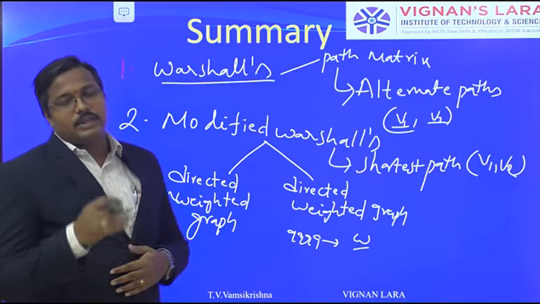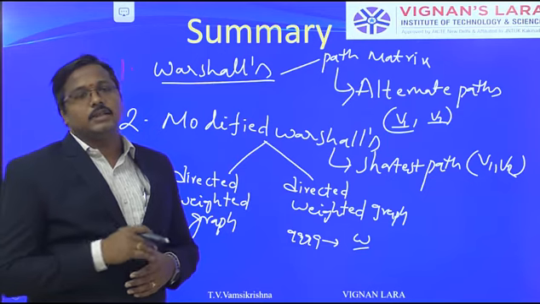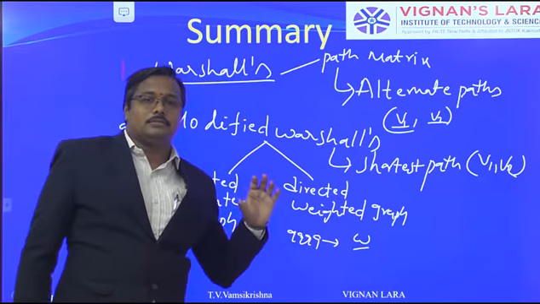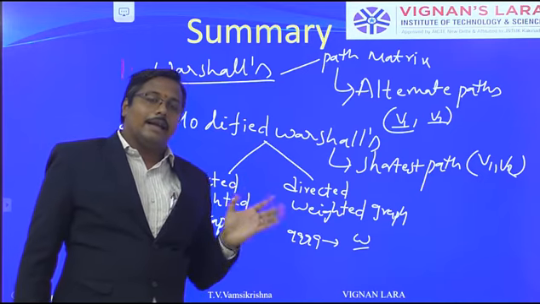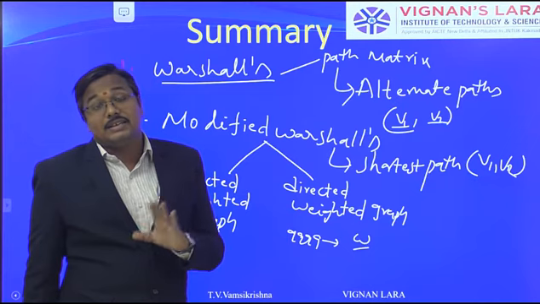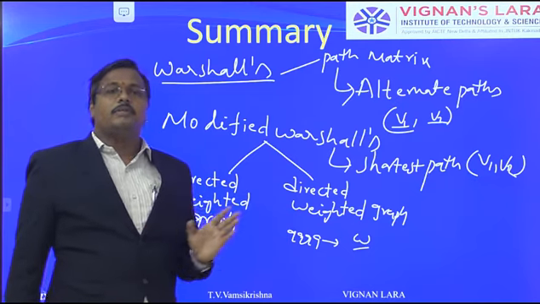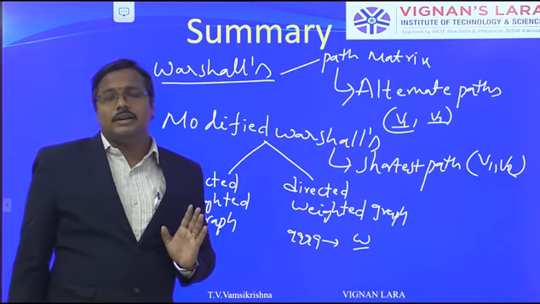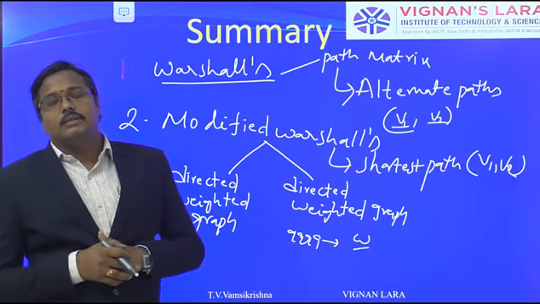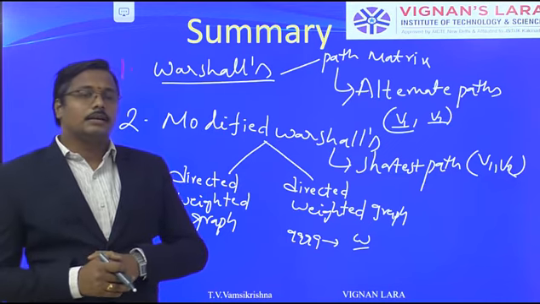Each time we consider one via vertex, that is k, and we compare the ij distance with the ik plus kj distance. If the ik to kj distance is smaller, we update that into the ij location. That is all we are doing in this algorithm.